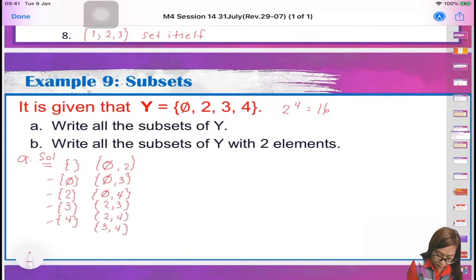So we have 2 elements and then 3 elements. The subsets with 3 elements are this: 2, 3, null set, 2, 4, and then we have 2, comma 3, comma 4. Do we have more? 1, 2, 3, 2, 3, 4.